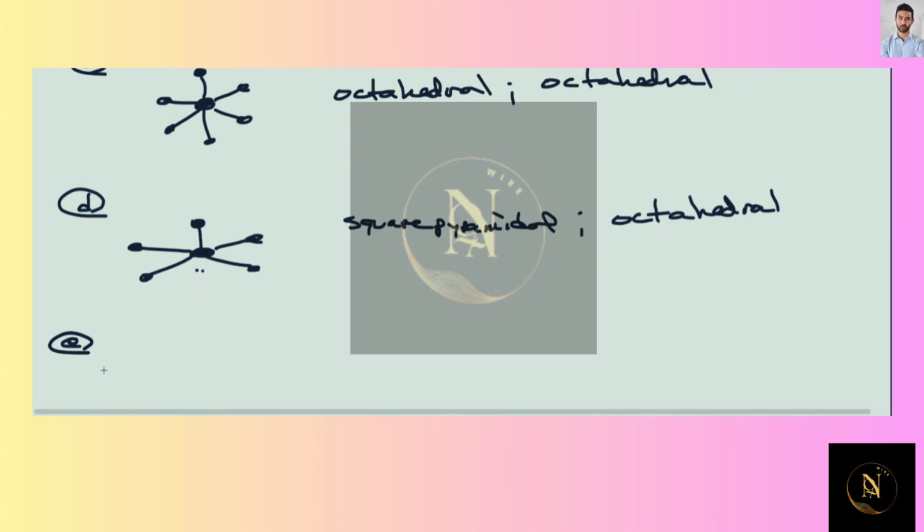If we were to take a look at one that, again, is similar in the sense that it's got the four coming off the center, but instead of a top and a bottom, we don't have anything there. That molecular geometry is called square planar. Now, that can only come from one type of electron domain geometry.